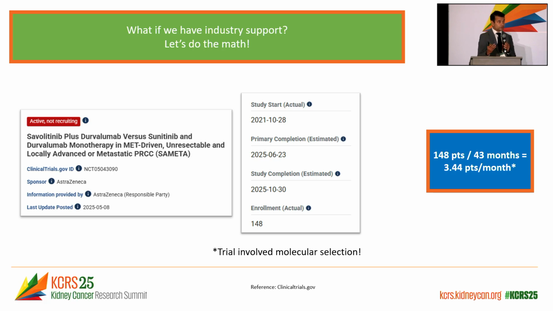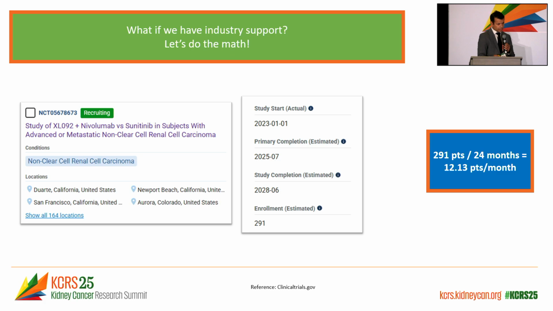The accrual rate there, 3.44 patients per month. So it tells you that when you put that oomph from industry behind these trials, things can get done a lot faster.